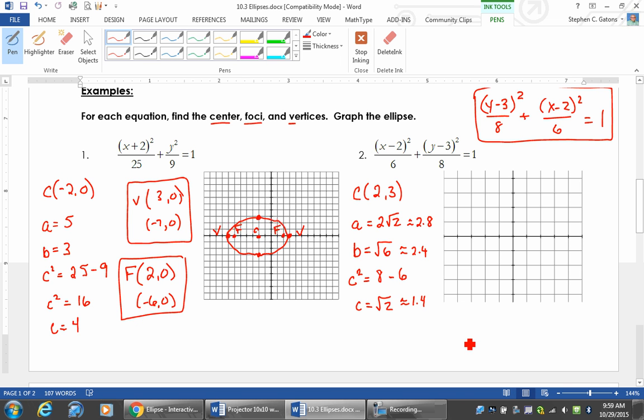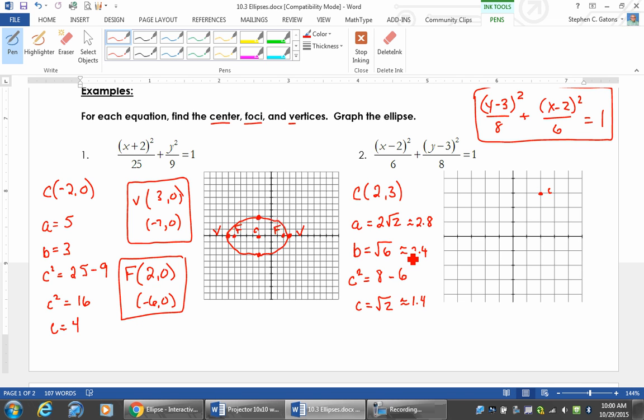Now we found everything we need. Here's how you use it. You start at the center again, so start at the center. 2, 1, 2, 3. Now you use A and then B and then C, just like we've been doing it. Which direction do you use A?